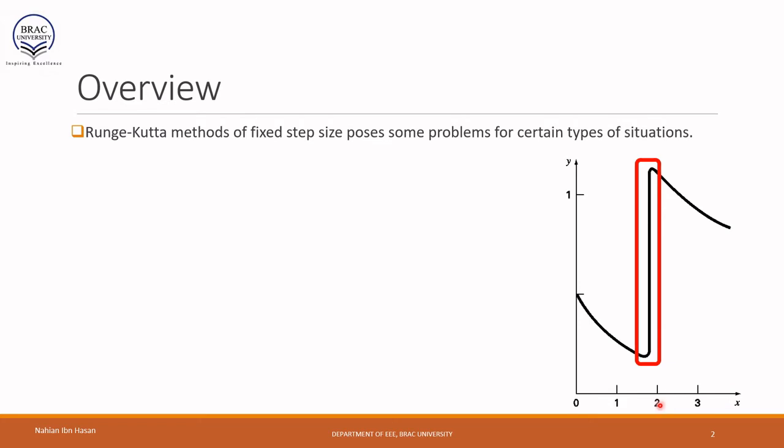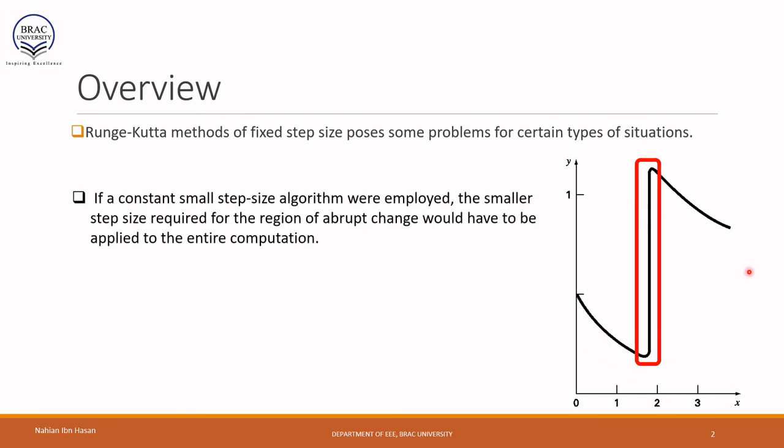At the point x equal to 2, if you use small step sizes, of course you can cover this area, but it will increase the overall computational cost very highly. As a result, you cannot use smaller step sizes arbitrarily.